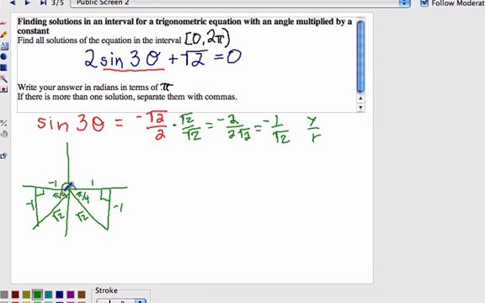So what is this angle here? And then what is this all the way around to here? So then we need to say, okay, this first angle here is going to be pi plus pi over 4. Okay?